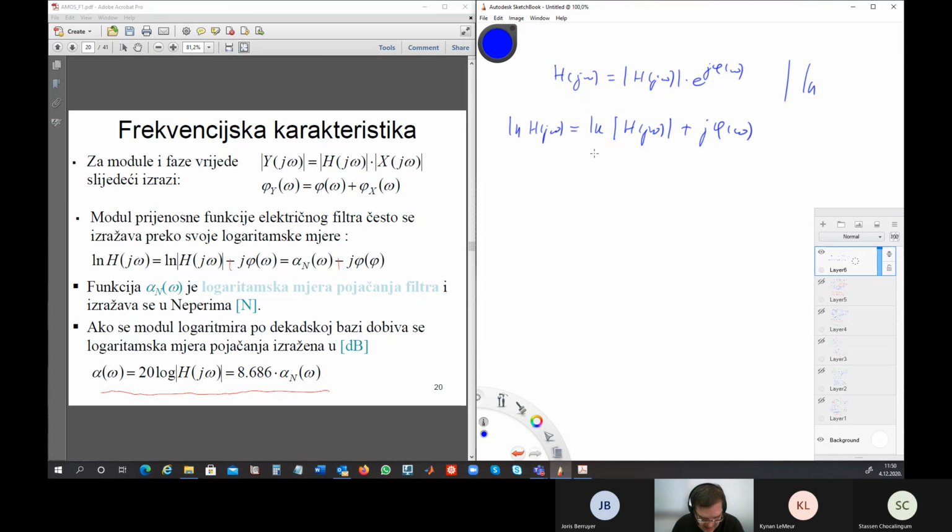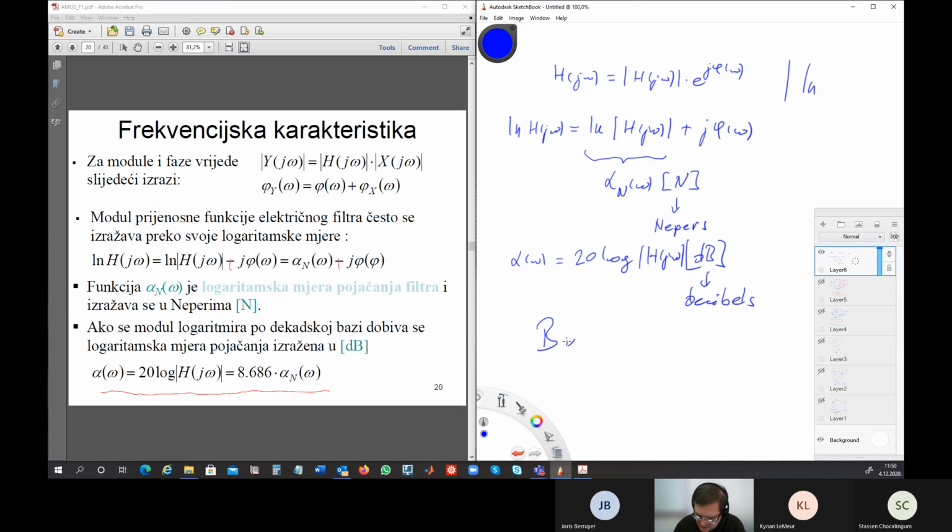This is very often called alpha n of omega in N. N is Nepers. And also we can have alpha of omega as 20 logarithmic of H in dB. This is called decibels.